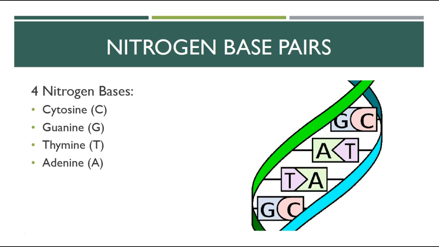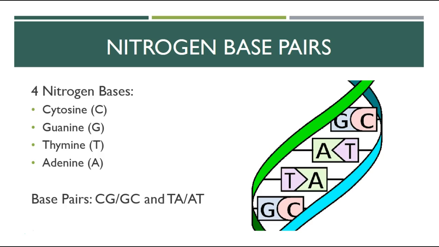And they pair up in a very specific way. You can see that it's not just a guanine, it's a guanine and a cytosine. So they occur in pairs. And the way they pair up, C and G are always paired together. But it could be in the opposite order.